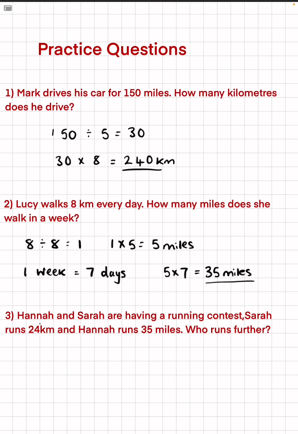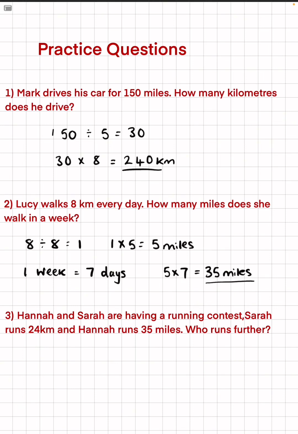The next question says Hannah and Sarah are having a running contest. Sarah runs 24 kilometers and Hannah runs 35 miles. Who runs further? To be able to compare the numbers, they need to be in the same units. If we convert 35 miles to kilometers, we can then compare the numbers to see who runs further.